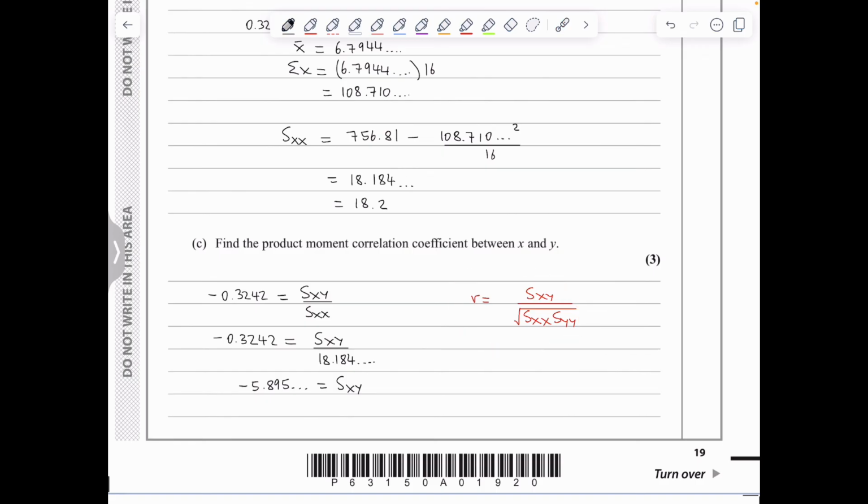This will be found by doing minus 5.895... over the square root of 18.184... times the 7.524375. I'm maintaining full accuracy throughout, and I get an answer of minus 0.504.